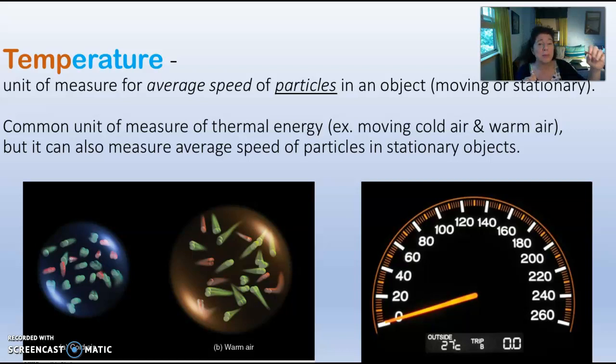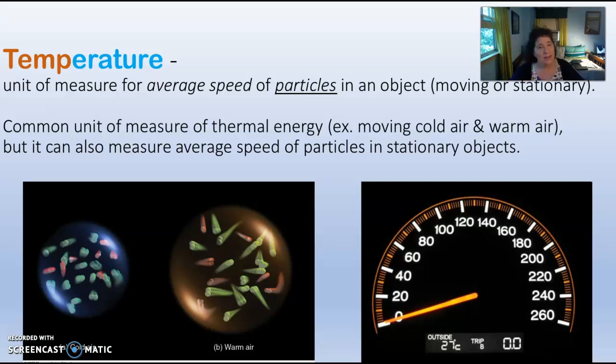And the object can be moving or the object can be stationary. It just so happens that a common unit of measurement of thermal kinetic energy, the energy of movement of hot air and cold air, happens to be temperature. And it is still measuring the average speed of the particles of the warm parcel and the cold parcel.